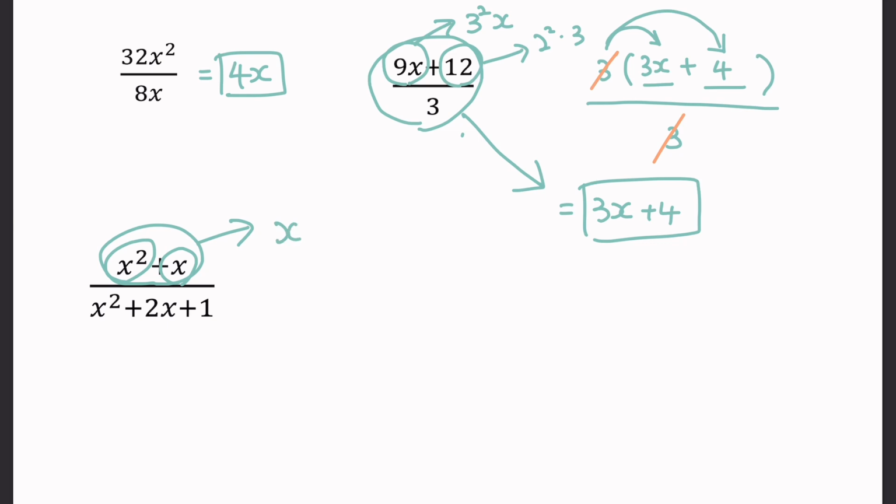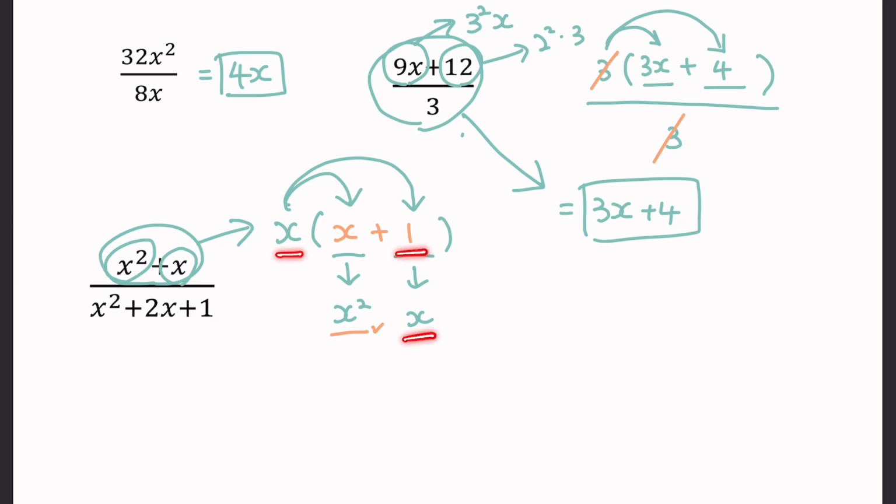So I'm going to factor out x and come up with two terms that when multiplied with x give me x squared and x. The first has to be x, because x times x gives me x squared. The second has to be positive 1, because x times 1 gives me x back.